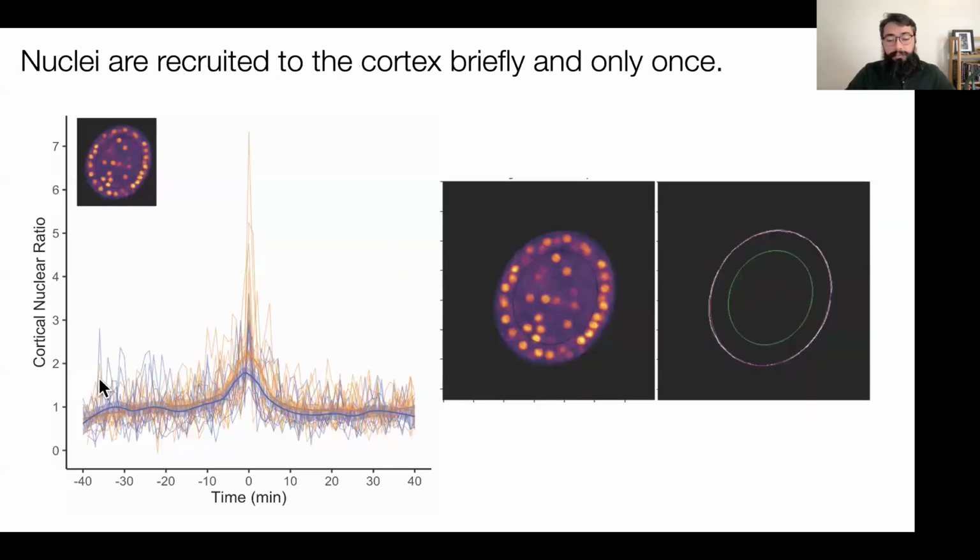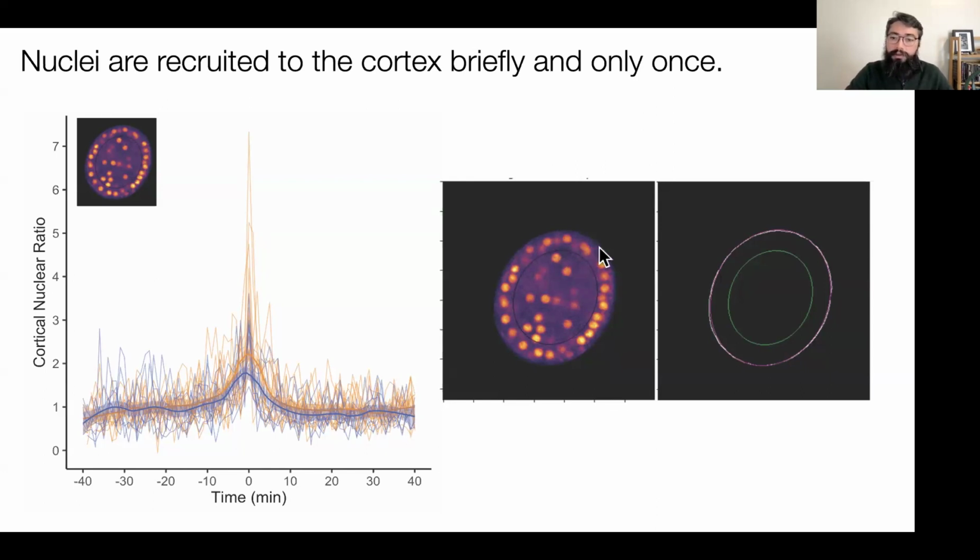To analyze this process in more detail, I took every sporangium and fit two ellipses, one on the outside and one on the inside. This generates two shapes, the outside donut and the inside ellipse, both with equivalent surface area, about 50% each.